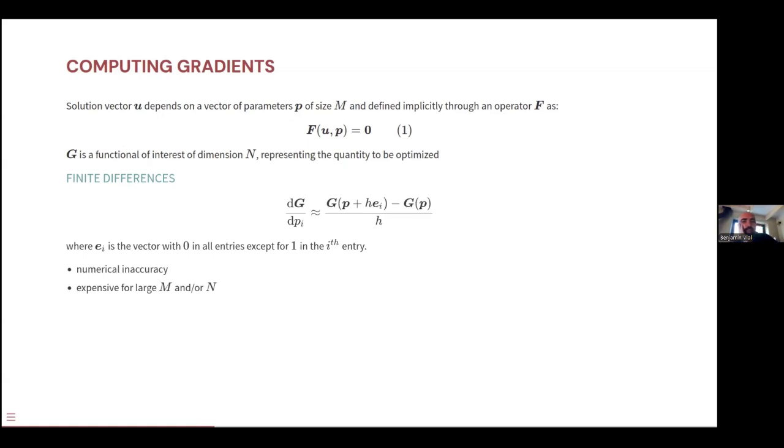One thing you can do to approximate the gradient of G with respect to the design variable Pi is to do finite differences. But it's got two main drawbacks. Numerically it can be inaccurate because you need to choose an arbitrary perturbation step H over here. And it's expensive for a large number of inputs and/or outputs.